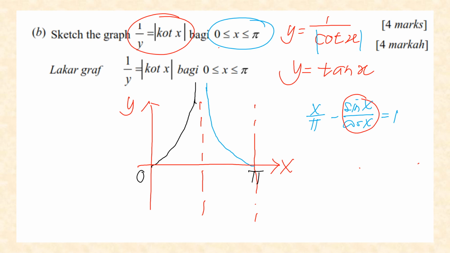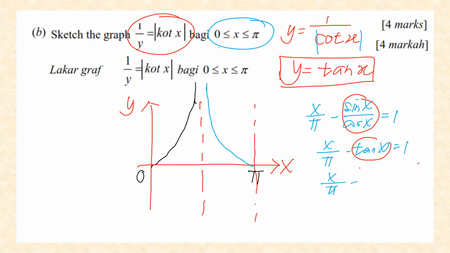Very good, sine x over cos x is your tangent. So x over pi minus tangent x equals 1. What is tangent? Tangent is actually your y. So x over pi minus y equals 1. You rearrange the equation, and you will get y equals x over pi minus 1. Fine, you got it right.